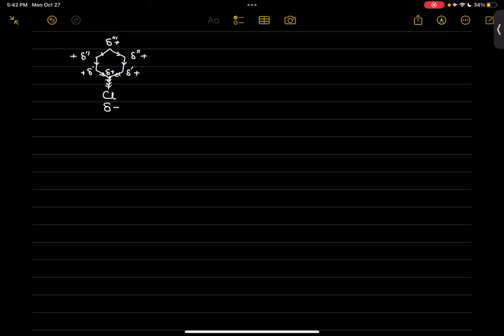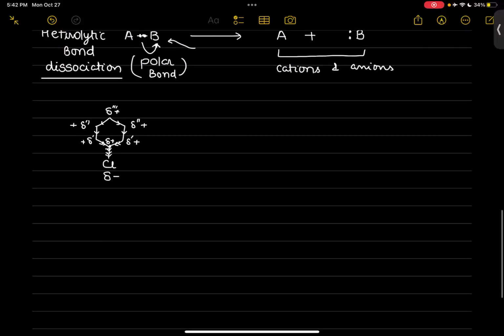Suppose you have, let's say, Cl and OH. How are the electrons going to get shifted? In each bond, we have to see. Oxygen is more electronegative, so the bond will be polarized towards oxygen. H will have delta positive, O will have delta negative.